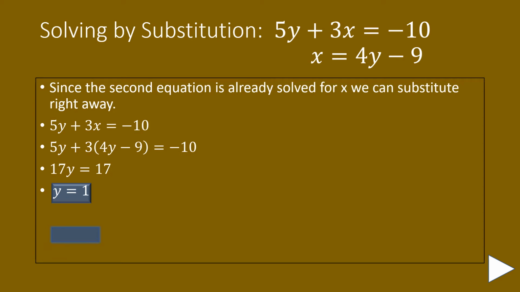By substituting x equal to 4y minus 9 in the first equation, you get 5y plus 3 times x in terms of y. So you get the whole equation in terms of y. You can solve for y. Y is 1. We can substitute this y equal to 1 in any one of those equations and get the value for x. So negative 5, 1 will be the solution.